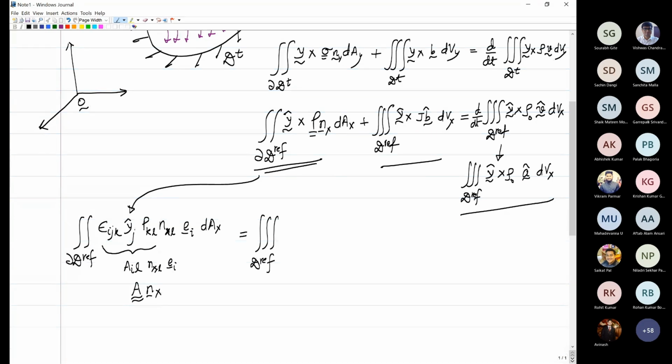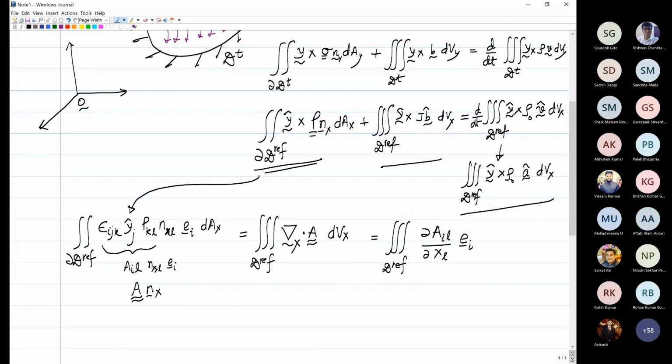So when you apply Gauss divergence here, and you see that it's in the referential domain, you'll have a Lagrangian divergence now, instead of the Eulerian divergence. And this again in indicial notation is del A il over del X l, e i.